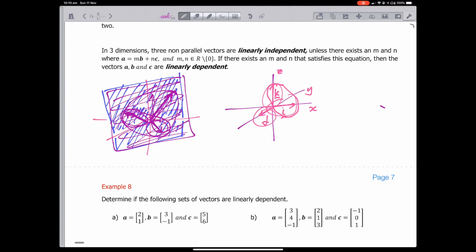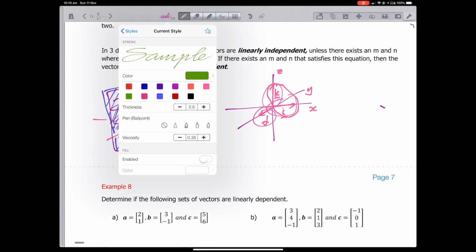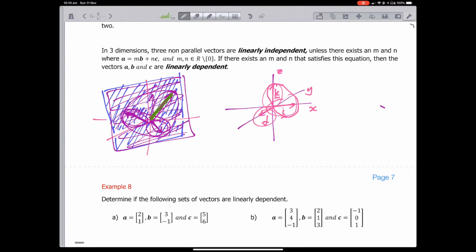And the way that you would test it is, if I made these two vectors, let's make it green, I'd ask: does there exist some value that I can multiply this vector by? So A times M, where M is the scalar value and A is a vector, and B times N, where N is the scalar value and B is a vector.